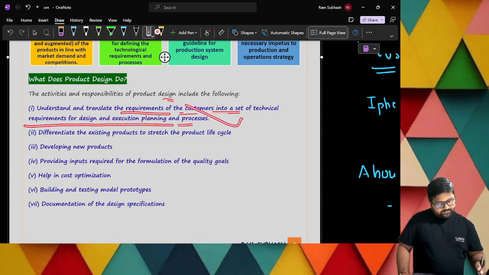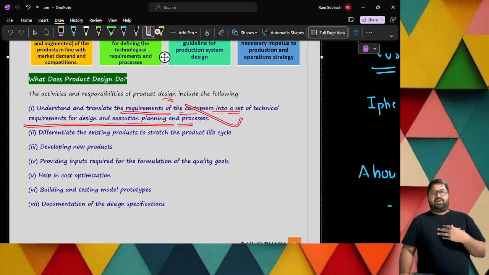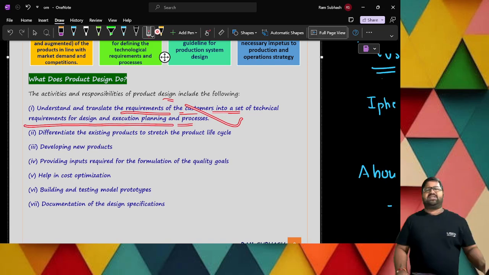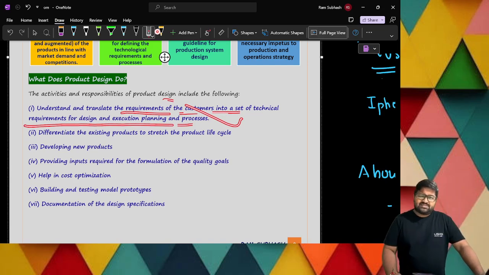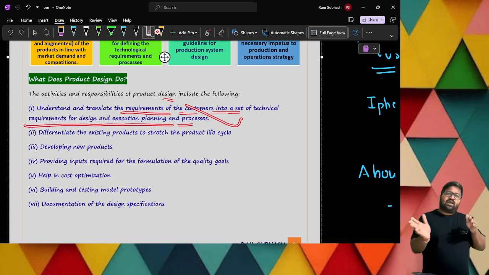Okay. Next, differentiate the existing product to stretch the product life cycle. For example, let us take Nokia. Does the Nokia mobile exist in the market? No, because the market required a good design, touch screen and a good operating system, and Nokia lagged, still going for old models and old technology.